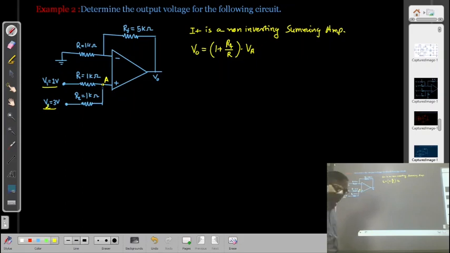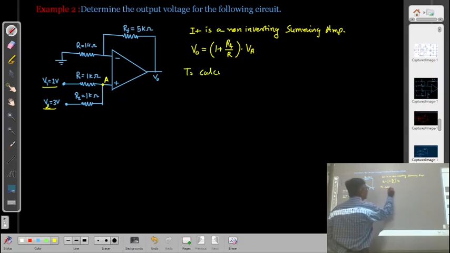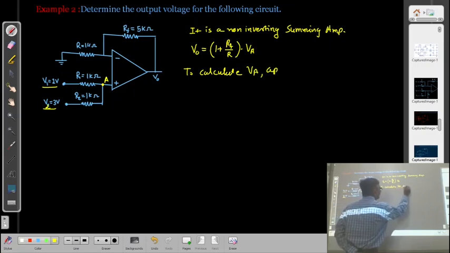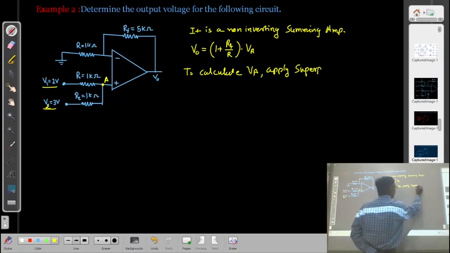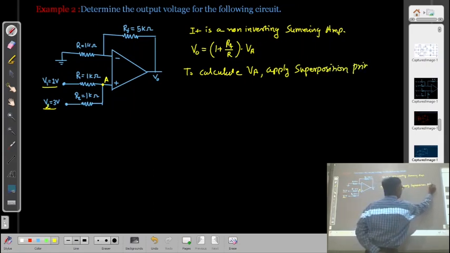So, first of all we will find out what is the voltage due to V1 and then what is the voltage due to V2. So, to calculate VA, apply the superposition principle. Correct?